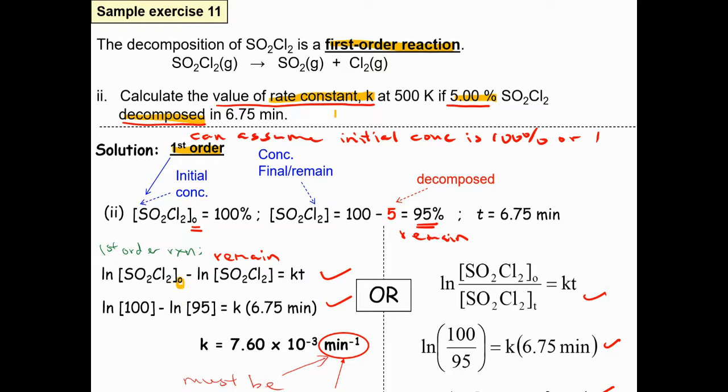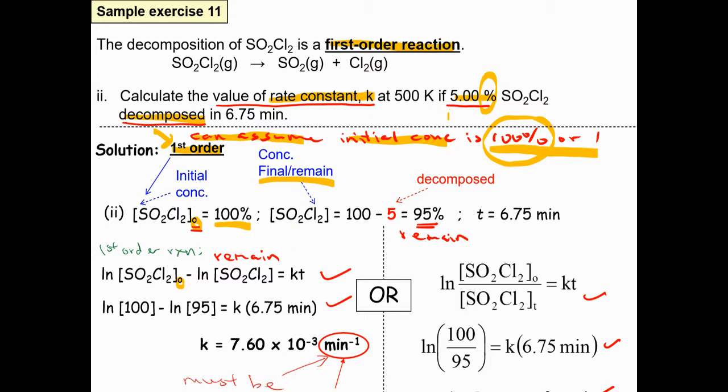However, the question did not give any information about the initial concentration. So we can assume the initial concentration is equal to 100% or 1. Since percent is used here, we use 100%. Remember, it's only for first order reaction. So label one by one. Initial concentration, 100%. Now this is the tricky part, that is the concentration that remains, or final.